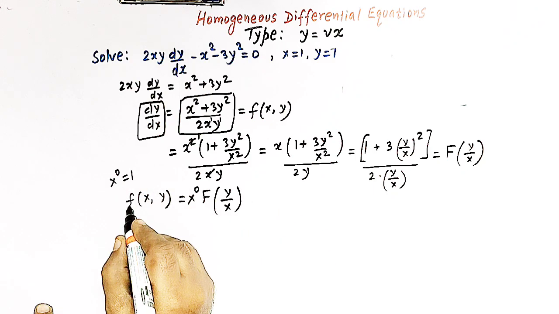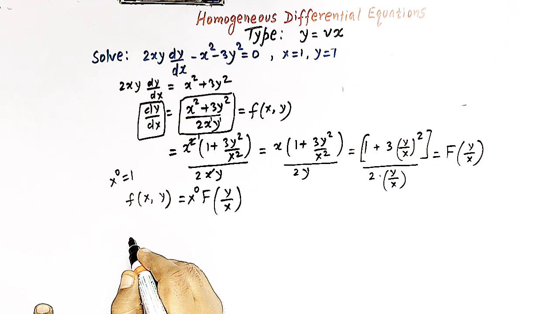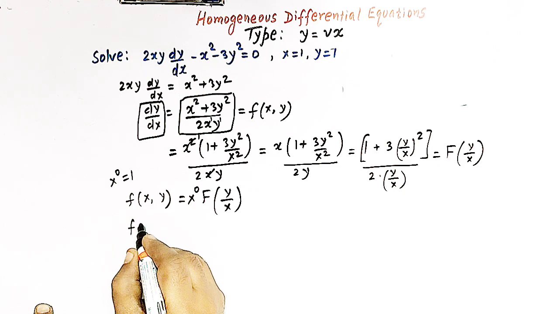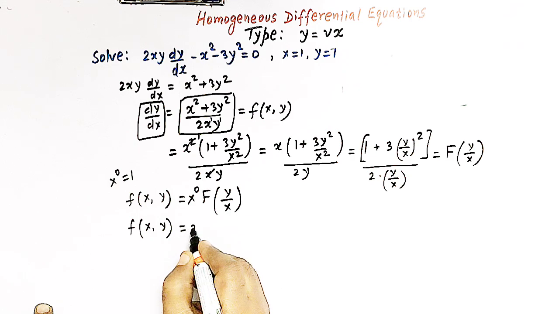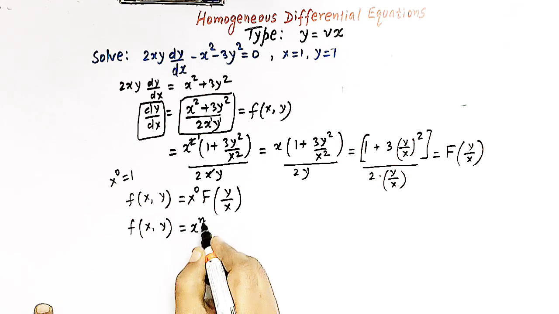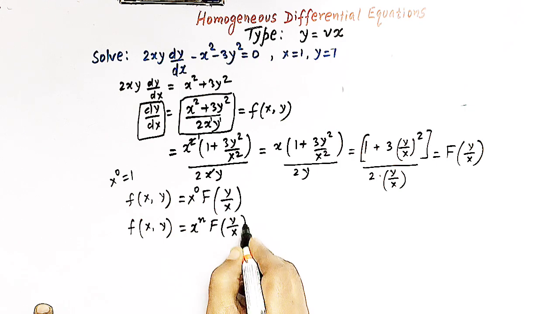A function f of x comma y is said to be a homogeneous function if we can express f of x comma y as x raised to say n, and here we have F of y over x.